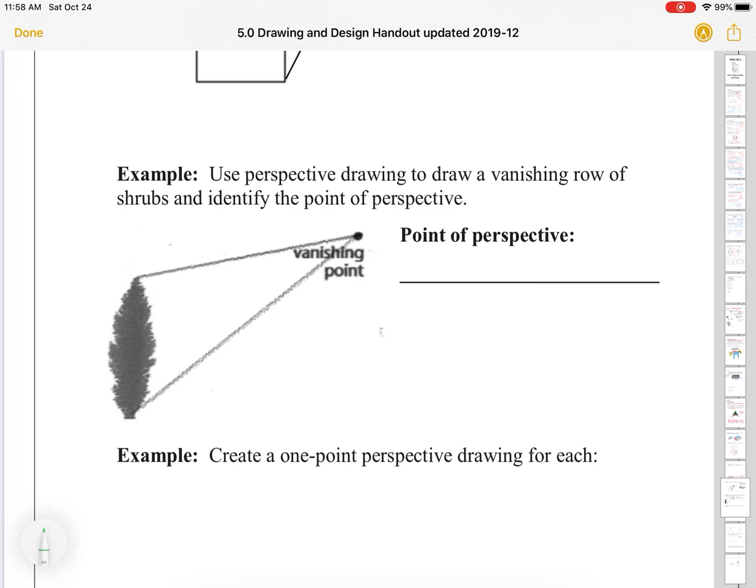Right? So there's our first tree. So we would draw in a second tree, and we would use those lines as our guidance for height. So I'm emulating the shape of the shrub in my sketch. Look at those trees, aren't they beautiful?